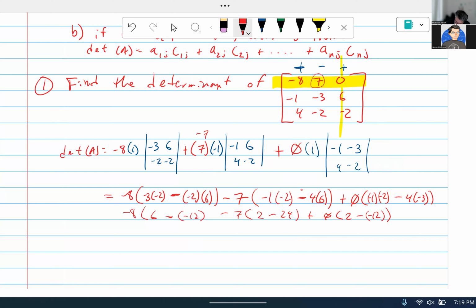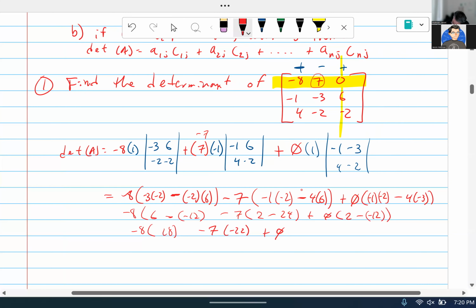Okay, and so this becomes -8 times 6 plus 12, which is 18, minus 7 times -22 plus 0, oops, not 10, plus 0 times this is going to be 14, positive 14.